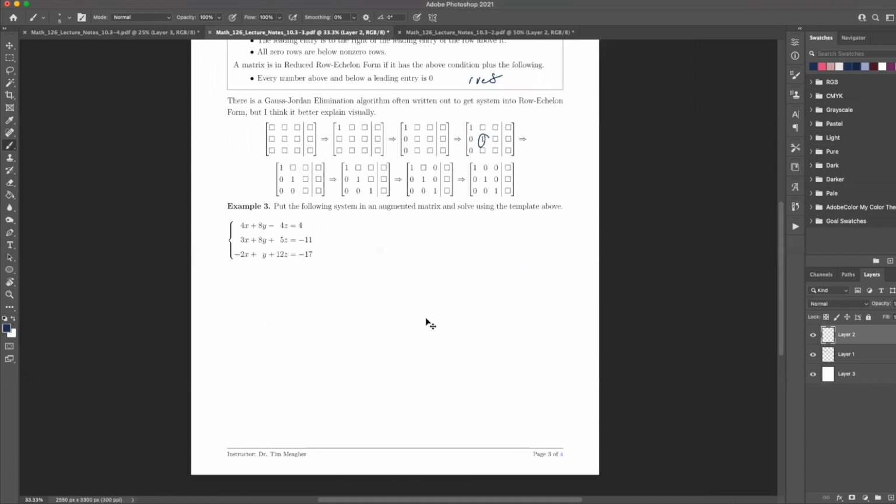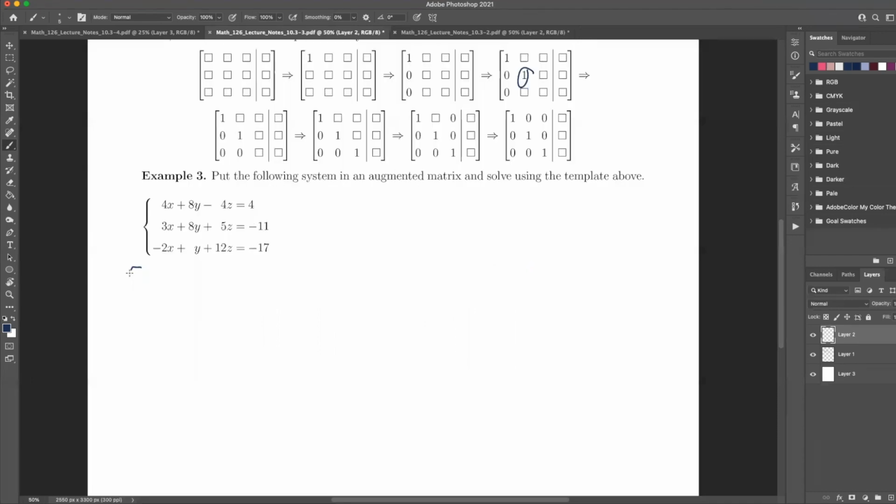And so here, the first step of the algorithm is I want this to be a 1, right? So let's go ahead and just do that. So the first thing, write it all out. I would write it as an augmented matrix as your first step, just to make sure you don't miss the negative sign.